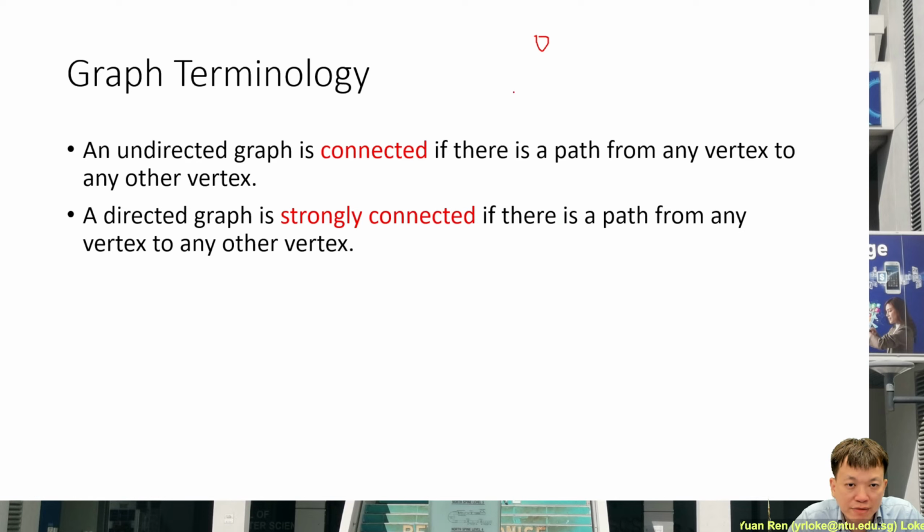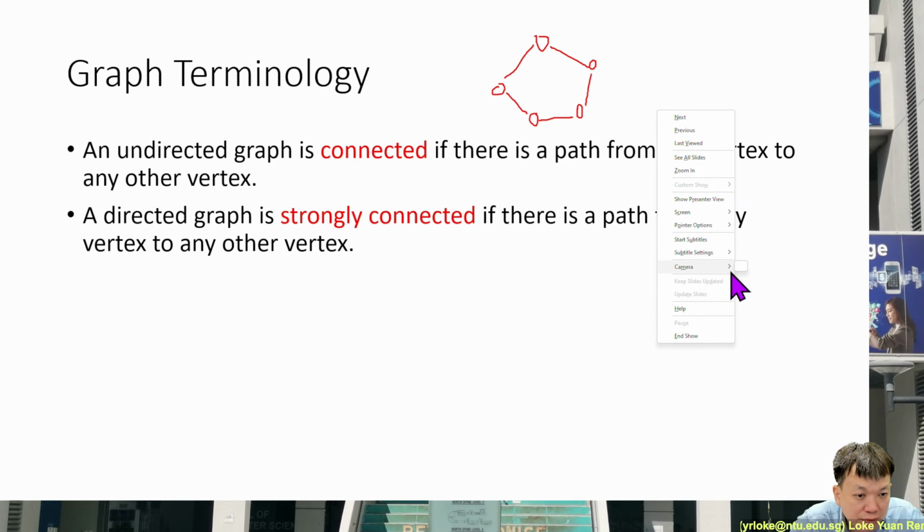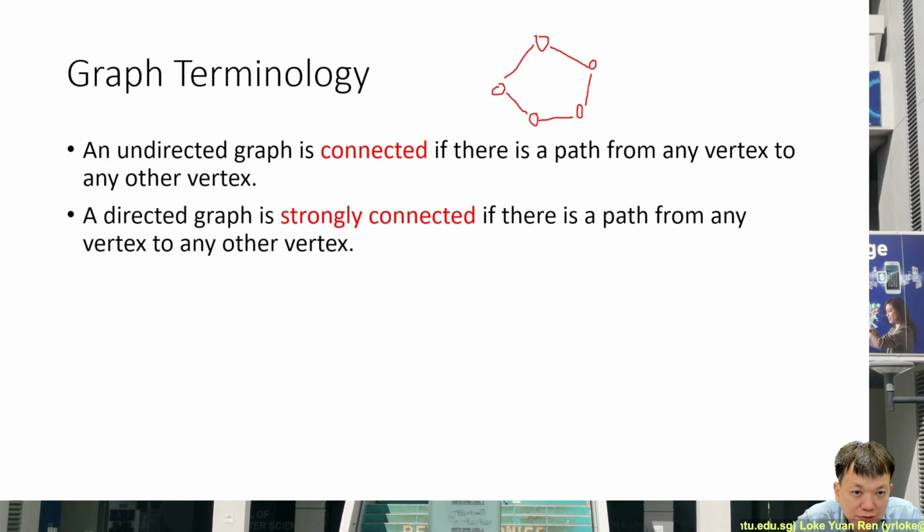Simple example. If I have 5 vertices in an undirected graph and there is a path, then this is connected. I think I don't need so many edges; 4 edges is good enough, and this one can be erased.